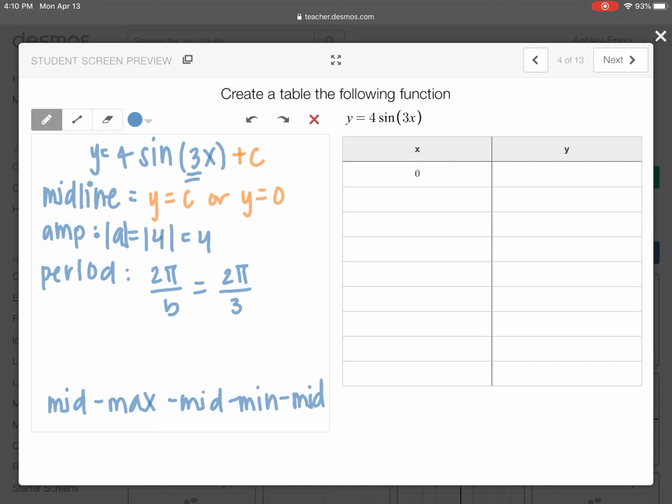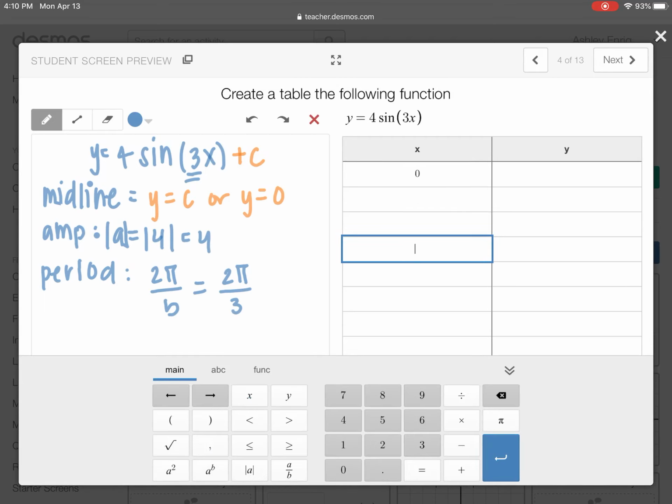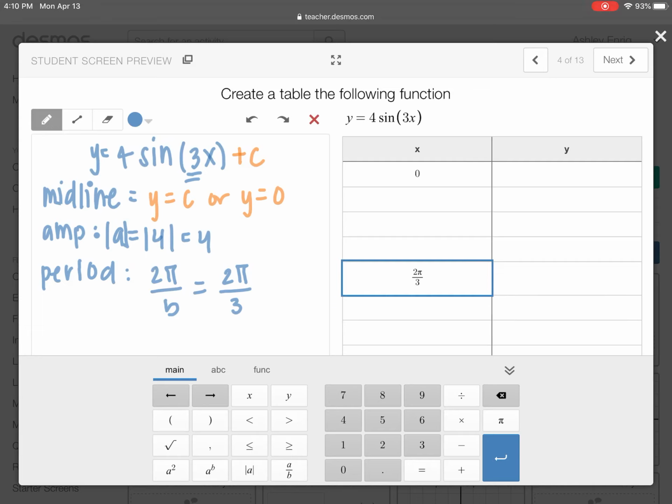So we know it's going to get to 2 pi over 3. So we're going to have 1, 2, 3, 4, 5 spots, and that 5th spot is going to be 2 pi over 3. So on this calculator, you can do 2 pi divided by 3. And once you hit enter, notice that it gives you that decimal, so 2.094.